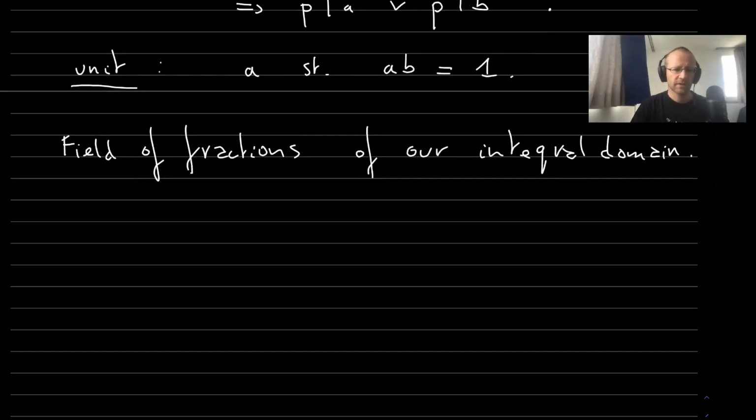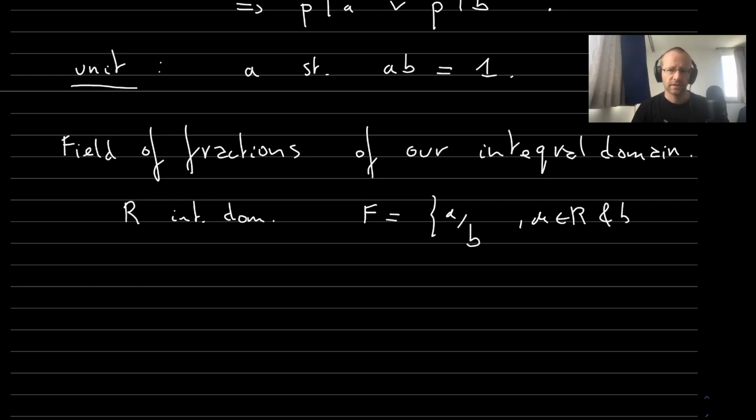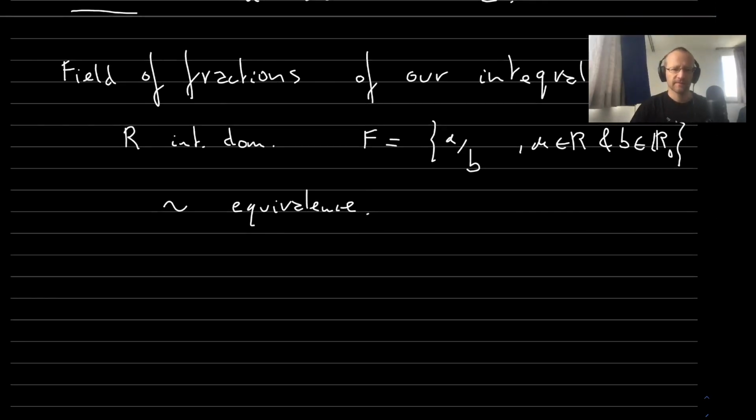So if our integral domain is R, then the field of fractions contains basically A over B, where A is in R and B is in R without 0, with some equivalence relation, which is the standard equivalence relation for fractions, namely that AC over BC is equivalent to A over B. And with this equivalence relation and the fact that R is an integral domain, we have that F is a field.